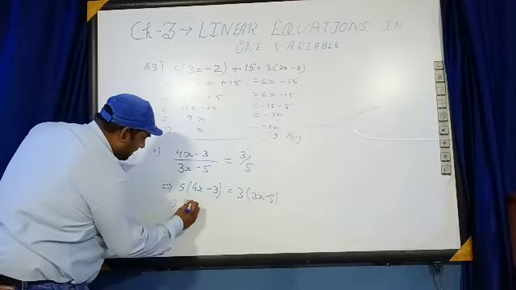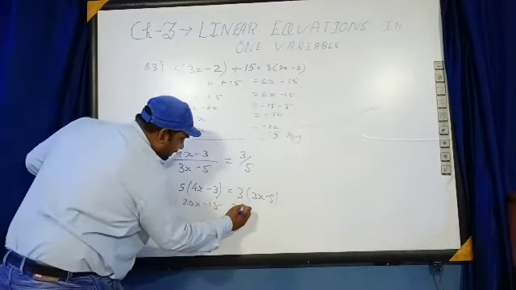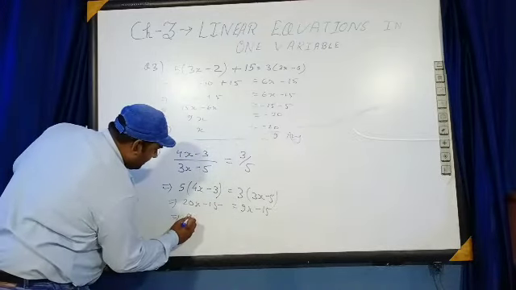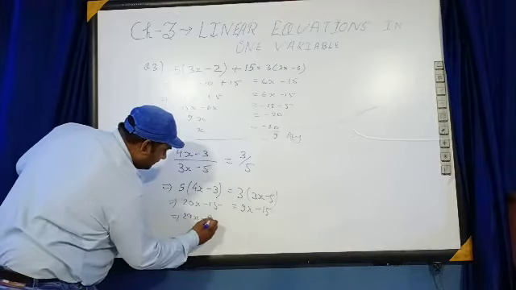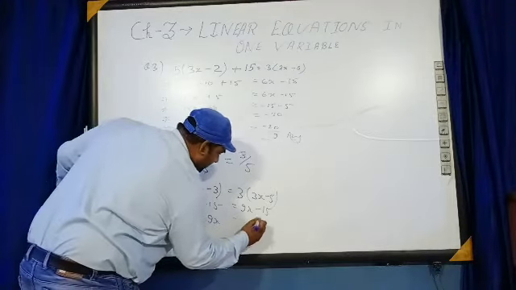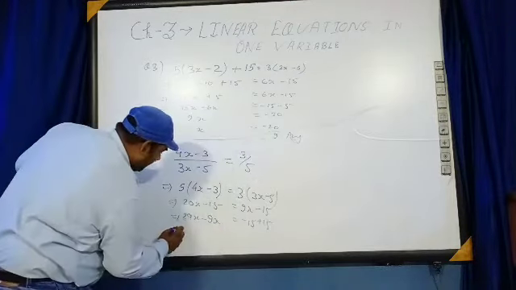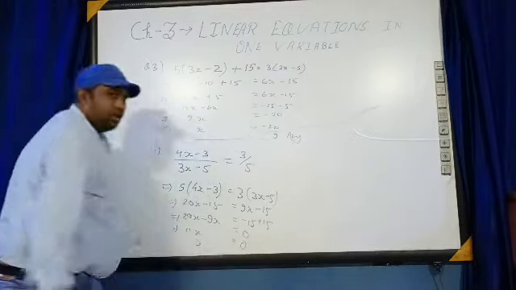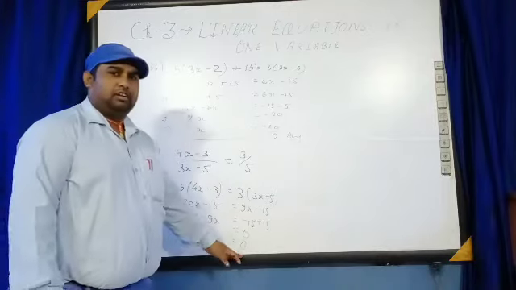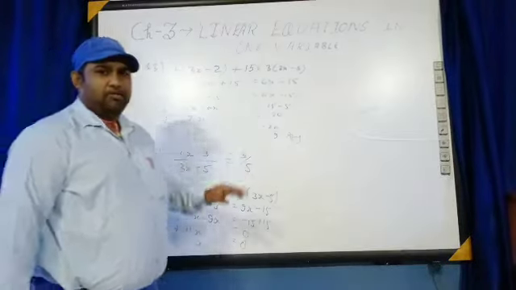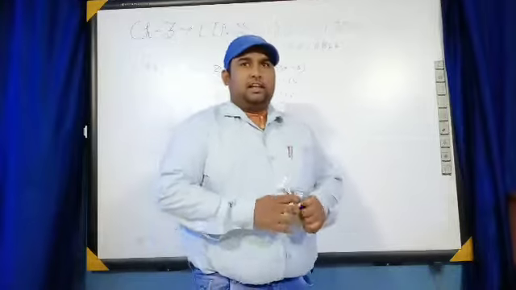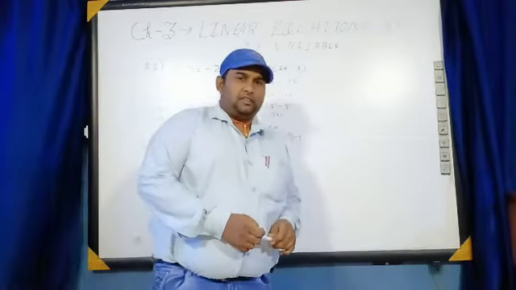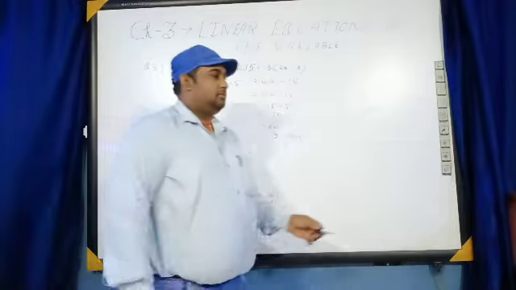You will multiply again, and finally you will get your result: 20x minus 9x minus 15 plus 15. 11x is equal to 0, which means x is equal to 0. Hence we have got the result x is equal to 0. Hope you have understood well, students, and you will solve this type of question today at home. Hope for the best result.